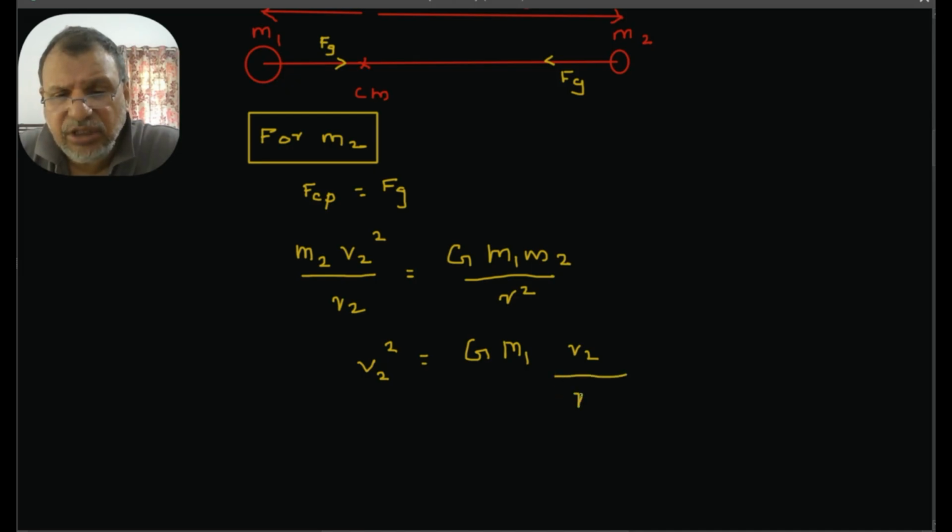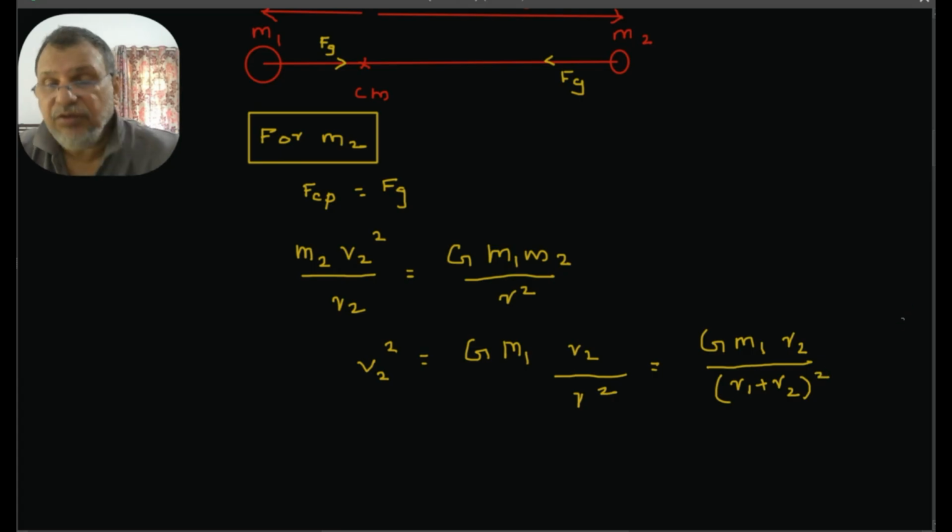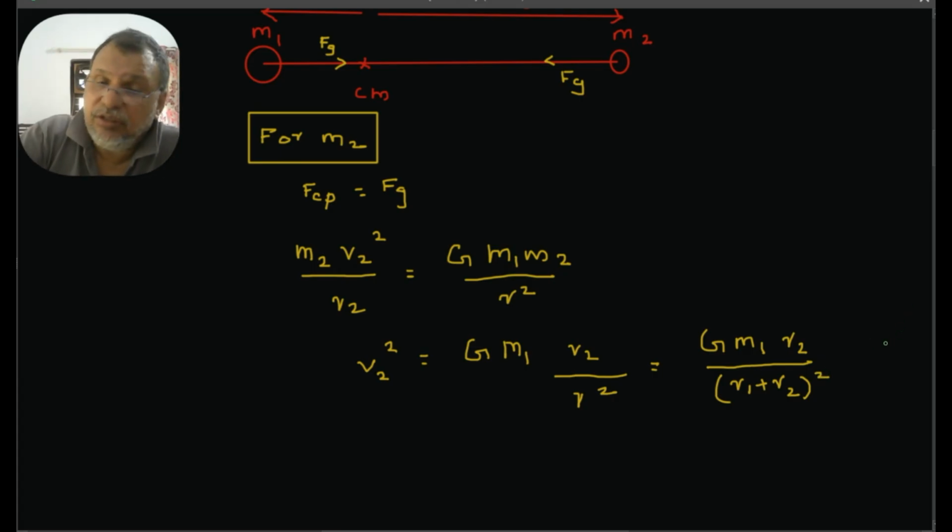You can write r square as r1 plus r2, so you can write G m1 r2 over (r1 plus r2) whole square.